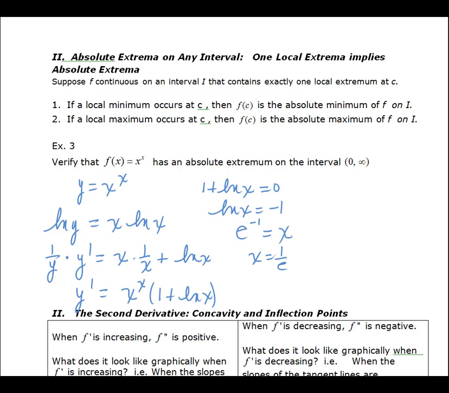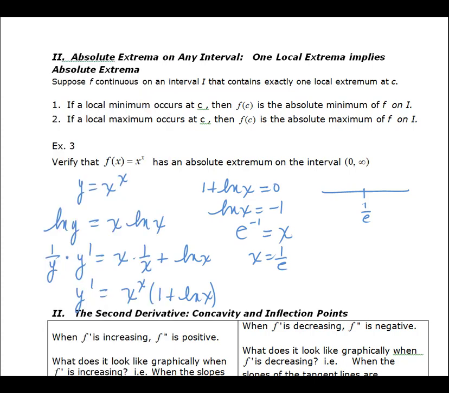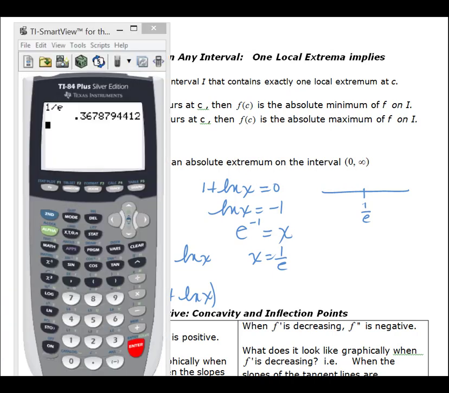And so on this one, we have a critical value, and I want to find out if it's a local max or a local min. So this is 1 over e. We're going to use our calculator to help us out here. We need some test values. So 1 over e is approximately equal to 0.37.